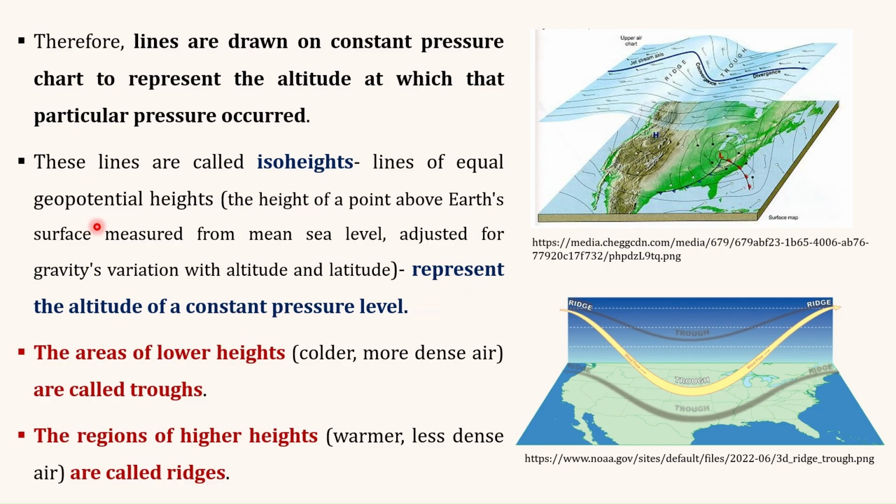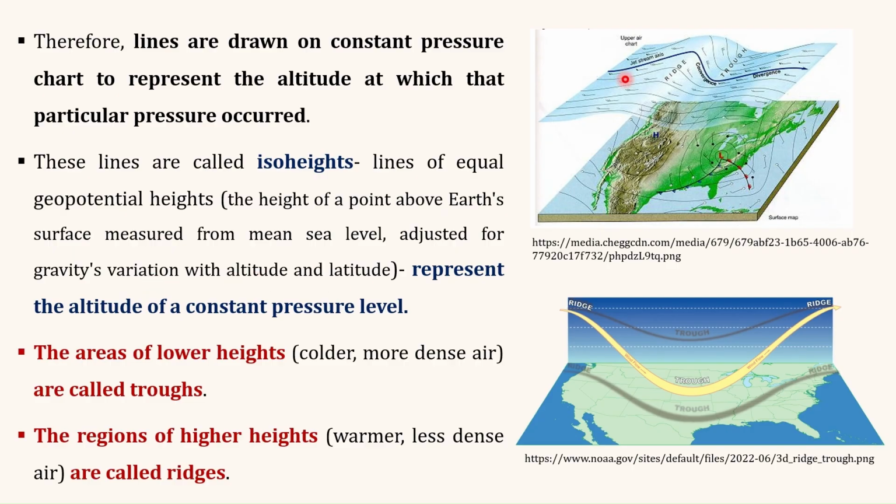These geopotential heights are different from the normal height above the ground because geopotential heights refer to the height of a point above the Earth's surface measured from mean sea level, which is adjusted for gravity's variation with altitude and latitude.